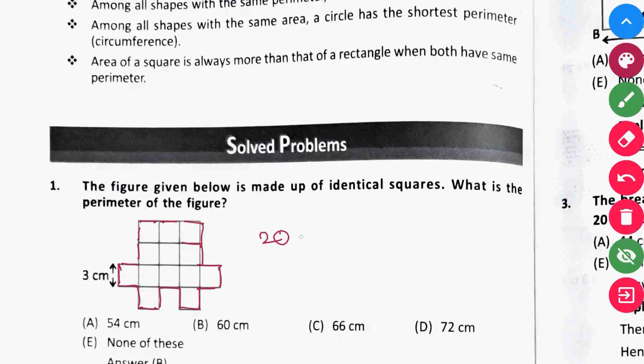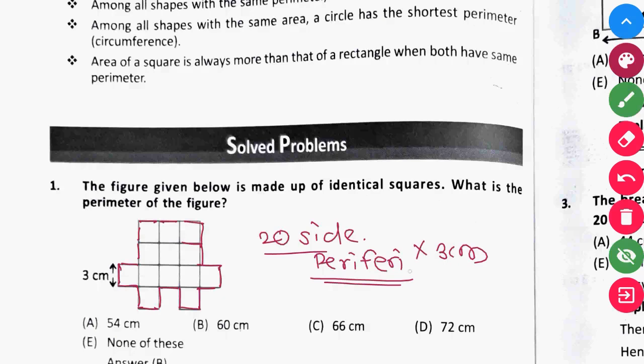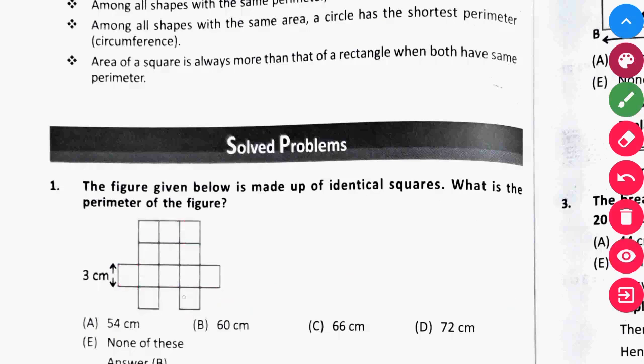So 20 sides are there in the periphery, and the length of one side is known to us, which is 3 centimeters. So the perimeter is 20 multiplied by 3, that is 60 centimeters. So your answer is option B.